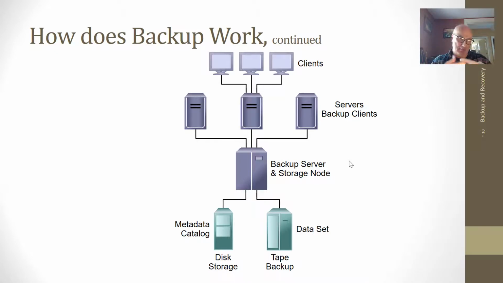You look in the metadata catalog to find the data set that file is part of from last night. The catalog accesses the tape backup or the disk backup, and if it's from last night, it's probably on a disk backup. Then it gets the old copy and allows you to forward it out to the person who requested it. So that's just operational backup and recovery.